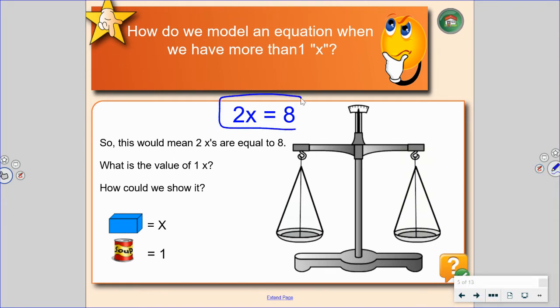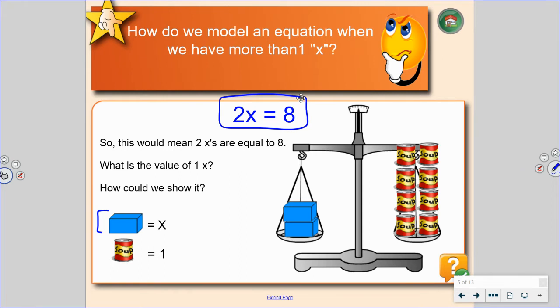Let's try to model 2 times x equals 8. And let's use one of these blue blocks to imagine that each of those is an x. So we don't just have a single x, we have not one, but we have 2 of them. And on the other side, it is equal to 8 cans. So I'm going to go ahead and draw 8 cans.